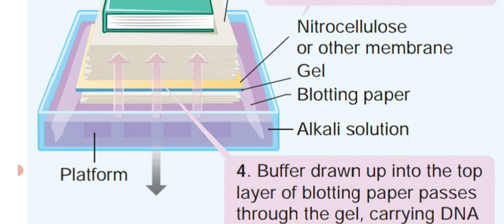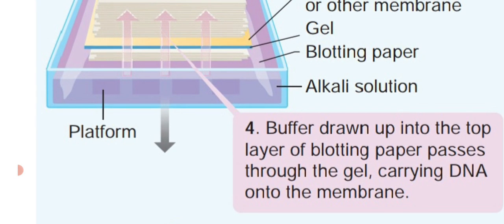The wooden block or platform, along with the agarose gel and separated DNA fragments, is placed in the buffer solution. First they are placed in the alkali solution to denature the DNA fragments. Then it is placed into the buffer solution along with the nitrocellulose or other membrane.